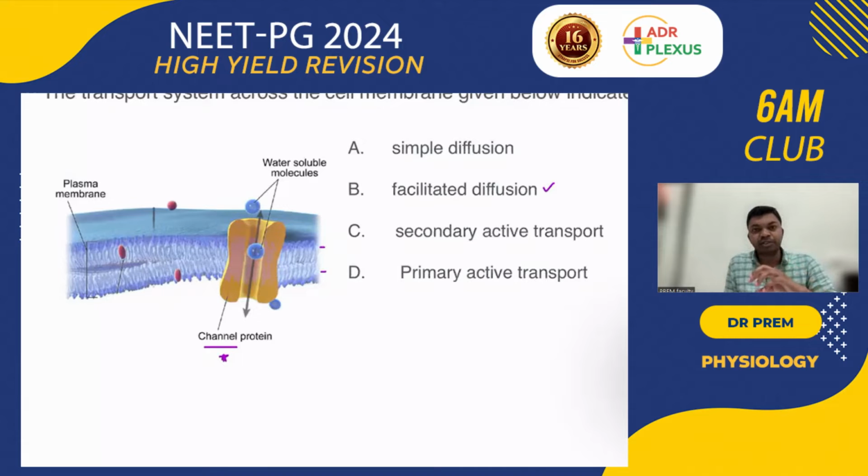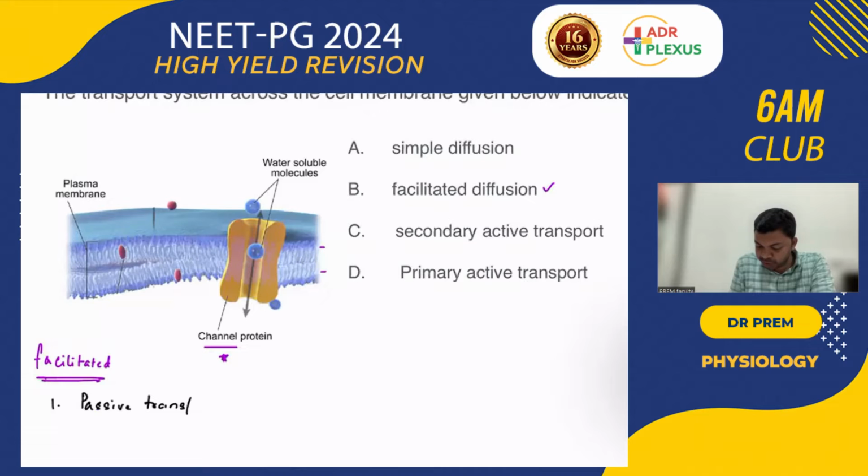If the same question gets asked in a different manner, how should you get yourself ready for the variations? If it is a facilitated diffusion, you can look for a few of these points. Number one, it is going to be a passive transport, which means there will be movement of molecules from high concentration to low concentration.